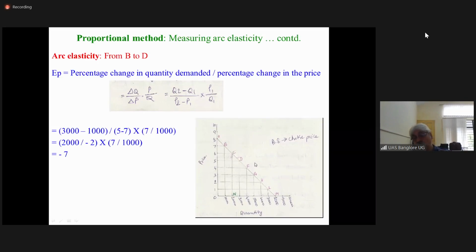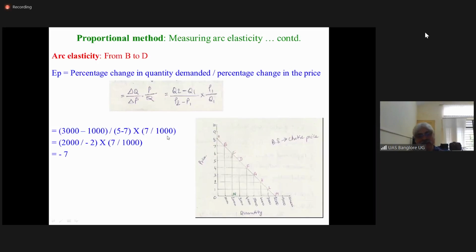Q1 is the original one, B, which is 1,000. So 3,000 minus 1,000, divided by P2 minus P1. P2 is the new price, 5 rupees, so 5 minus the original price, 7, into P1 by Q1. The original point is B, the original price is 7, the original quantity is 1,000.